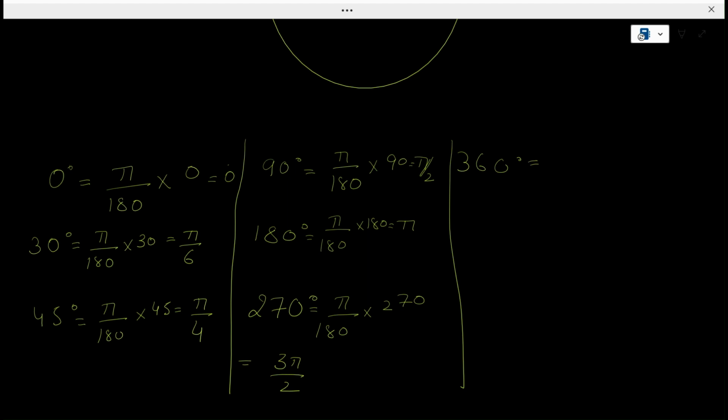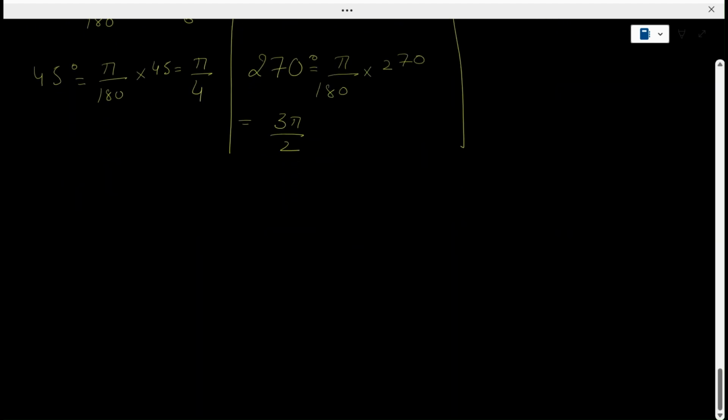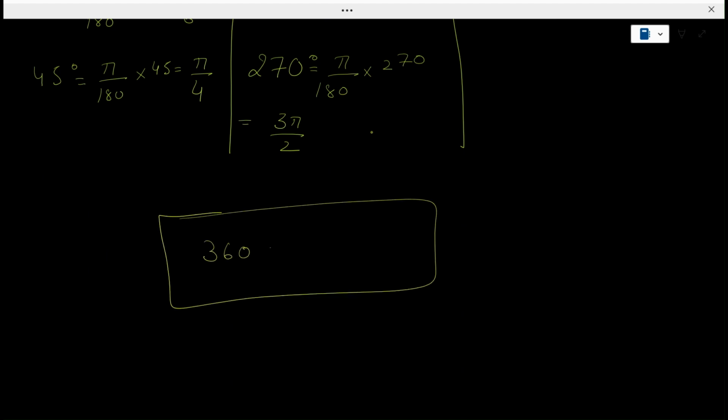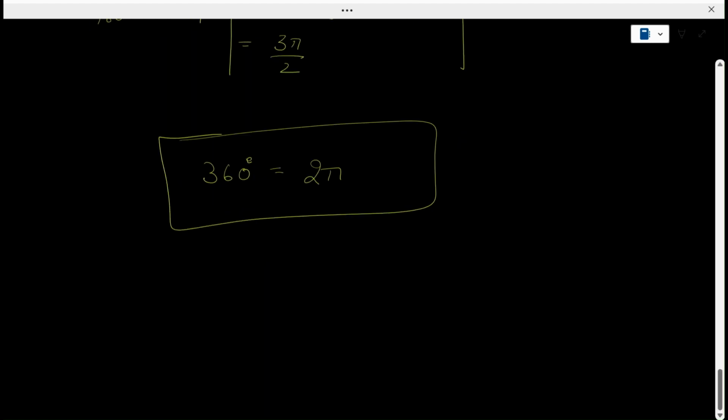And lastly, 360 would be pi by 180 times 360, that will be 2 pi radians. So this is the initial equation from where we calculated these angles.